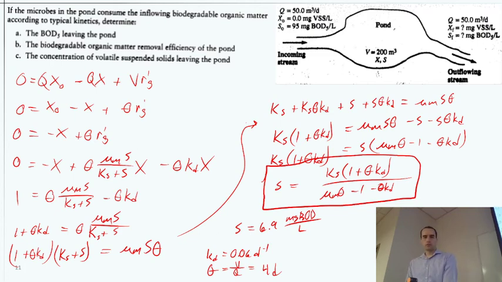What else? KS was given, our typical constants. That's 60 milligrams BOD per liter. And mu max was one more value.